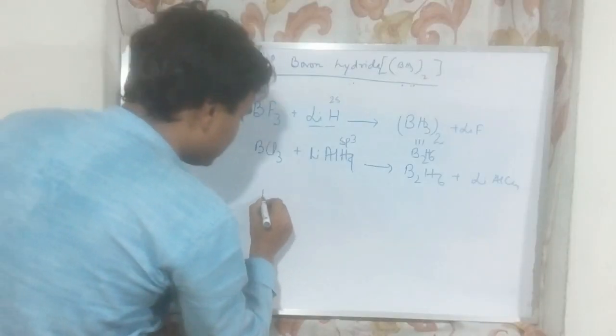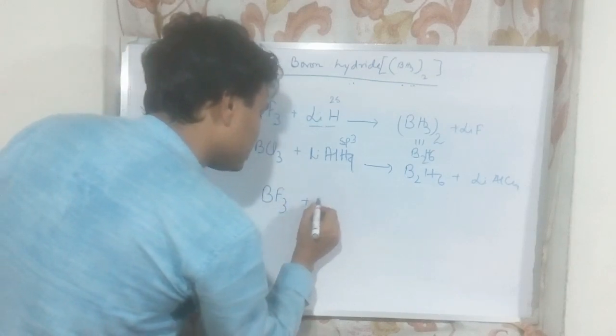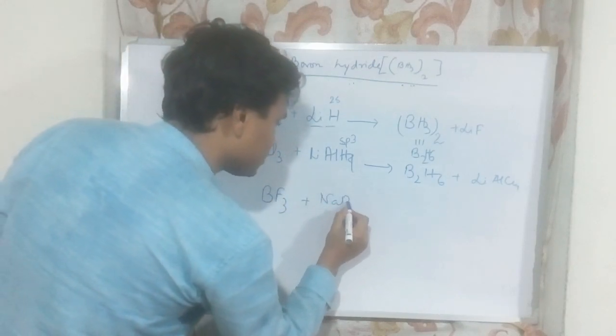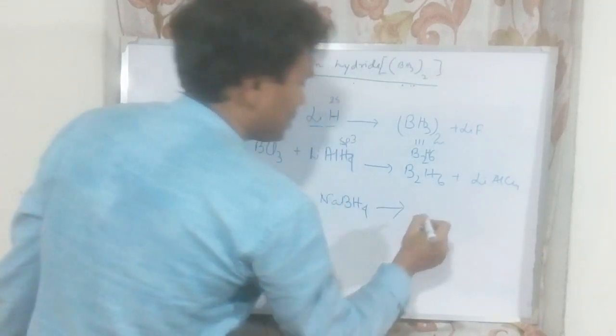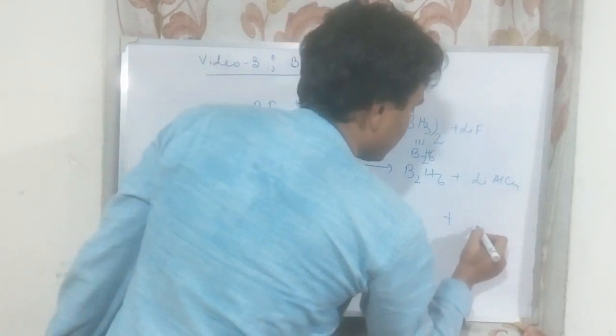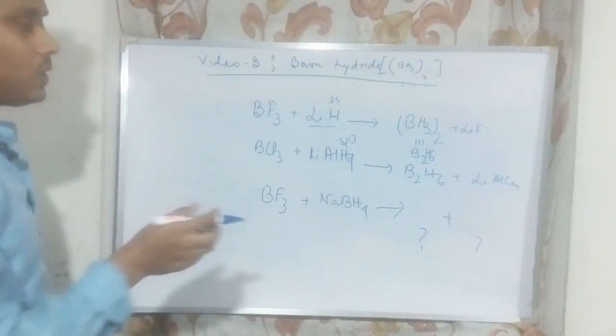For example, this boron halide BF3 plus sodium borohydride, what will be the product? If you don't know this answer but you know these two pieces of information, then you can conclude what the product will be.